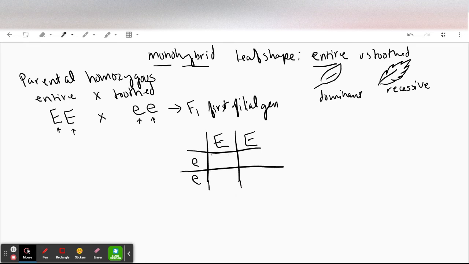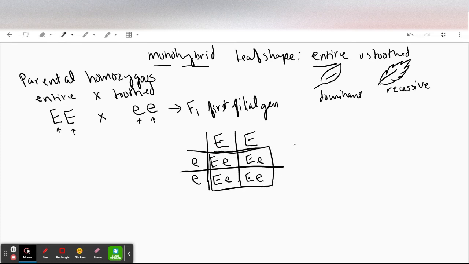So when I set up my Punnett square, I like to combine columns with rows, always keeping my capital letter first, big E, and the lowercase letter second, little e. Big E, little e, big E, little e, big E, little e. So all of my F1s look the same.